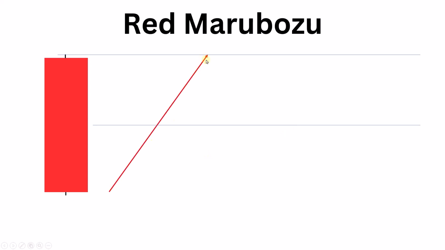Whenever you see a red Marubozu, you must know that the high of the candle will act as a resistance whenever price comes back to that level. The 50% also acts as a resistance whenever price comes back to this level. So if the price ever comes back to this level, it will come down from there.